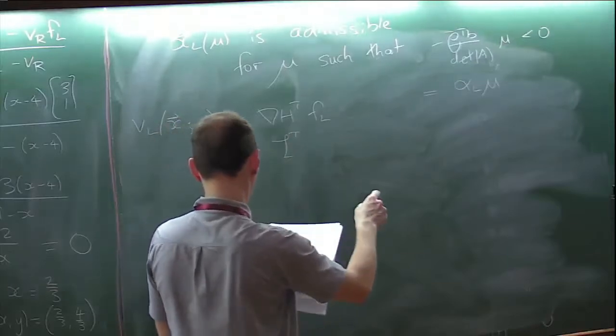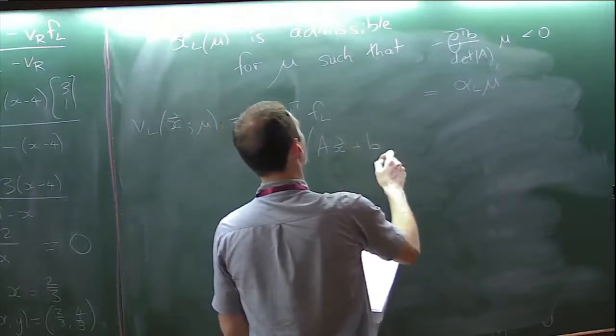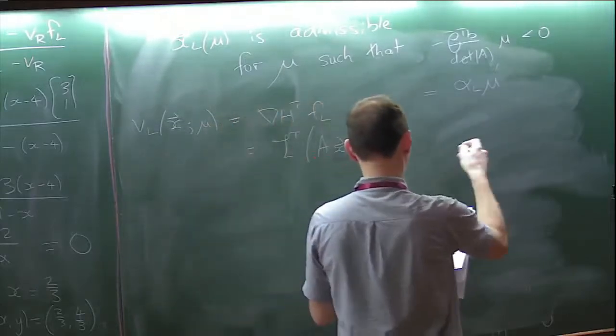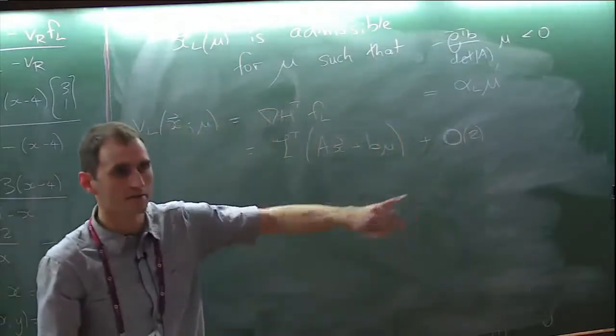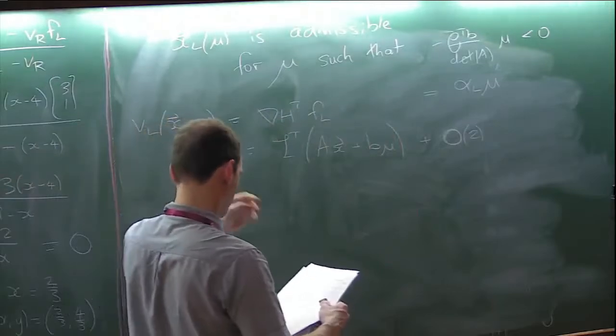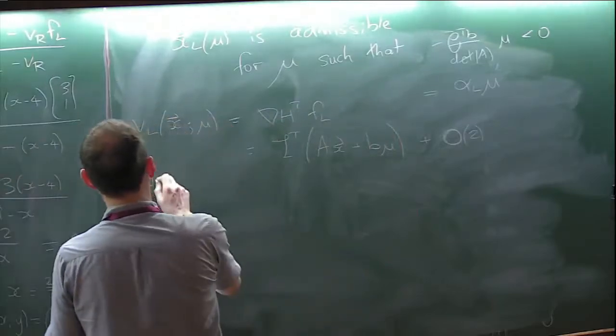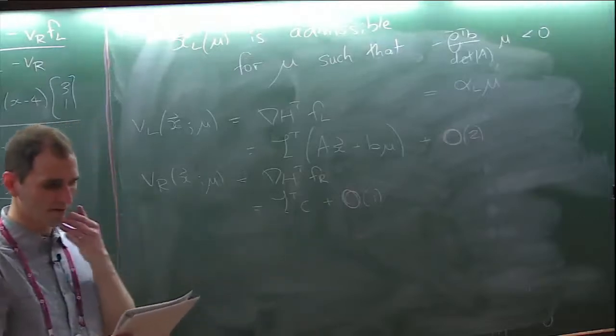Grad H is zeta, and FL is AX plus B mu, plus the higher order terms, equals zeta transpose C. And then VR is just zeta transpose C.